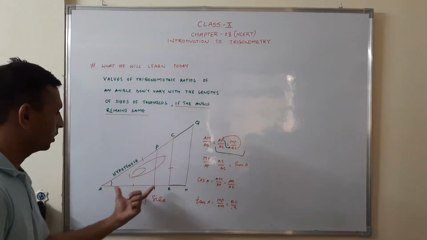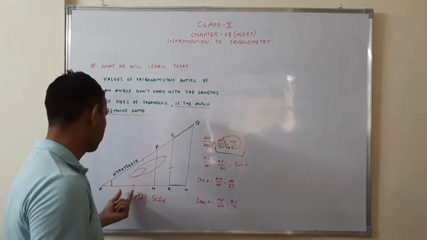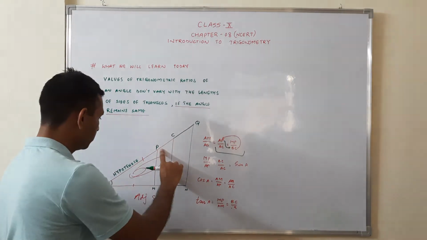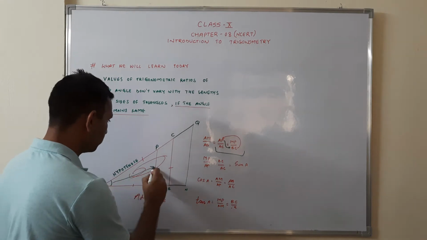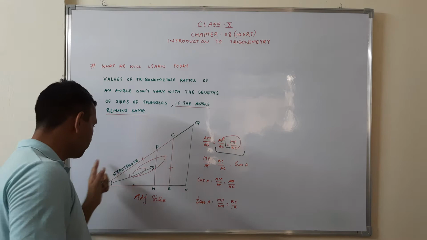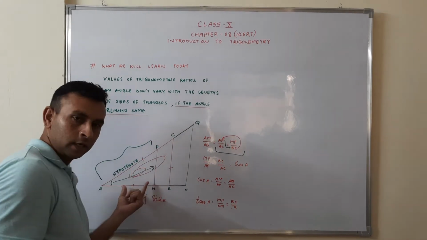Coming to the triangle, what is MP? This is nothing but the opposite side of angle A. This MP upon AP, where AP is the hypotenuse of this triangle.